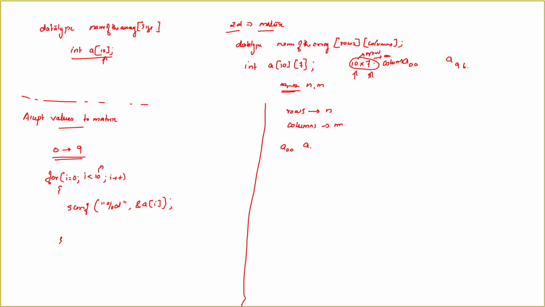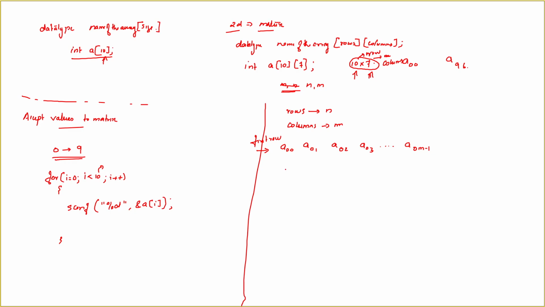The second element is a[0][1]. The third element is a[0][2]. So a[0][0], a[0][1], a[0][2], a[0][3], etc., up to a[0][m-1]. These are the elements of the first row.